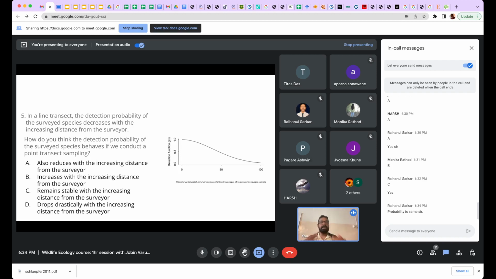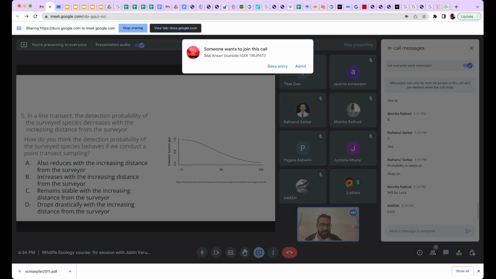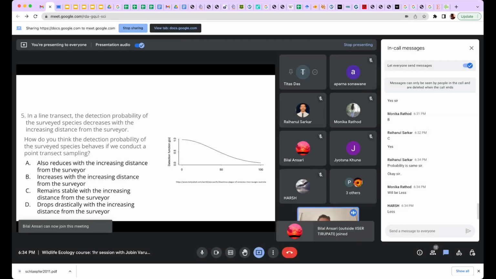Probability of being seen, not the probability of being there. There's a difference between the two probabilities that I'm talking about. The probability that the bird is there is the same. I understand that. But the probability that the bird is seen by me, as I am the observer over here, or by you as the observer over here, won't the probability change as the bird goes away from you?